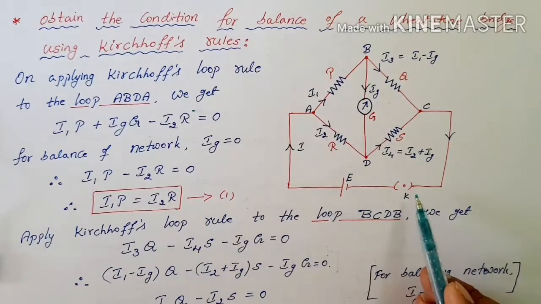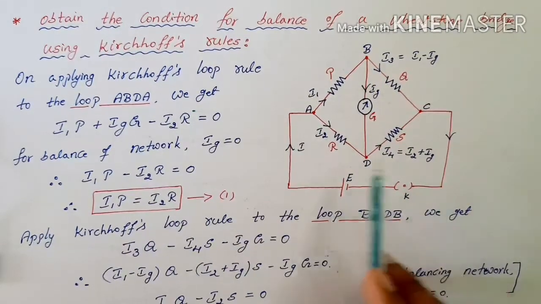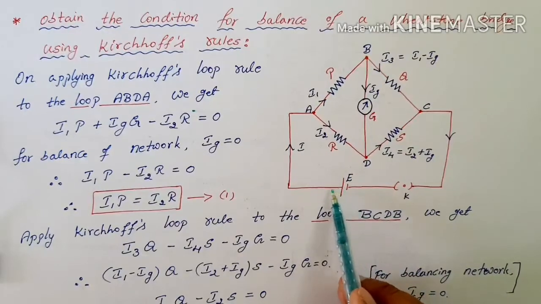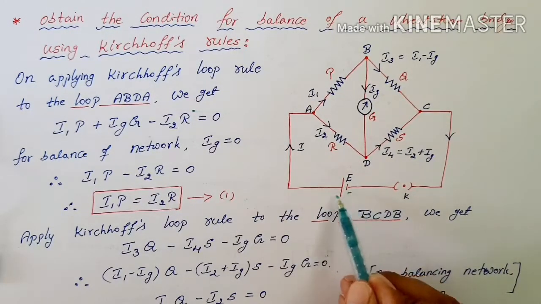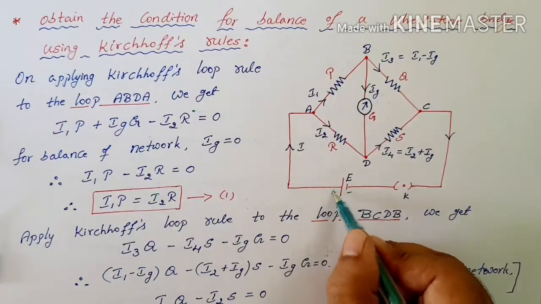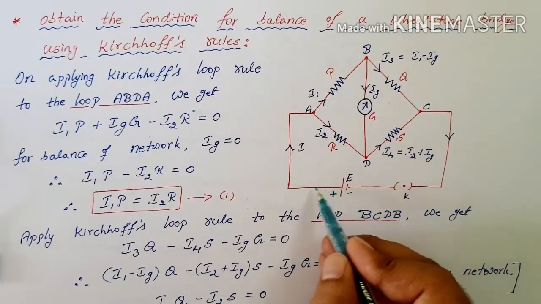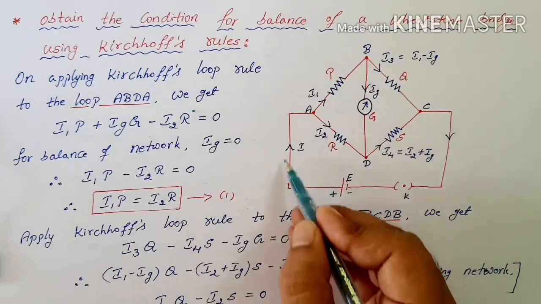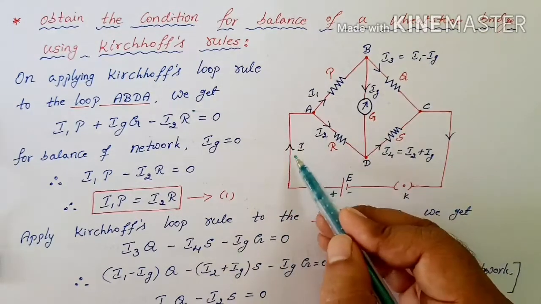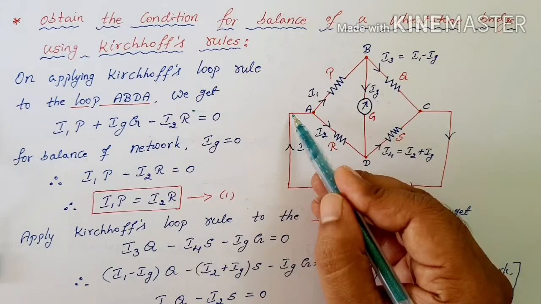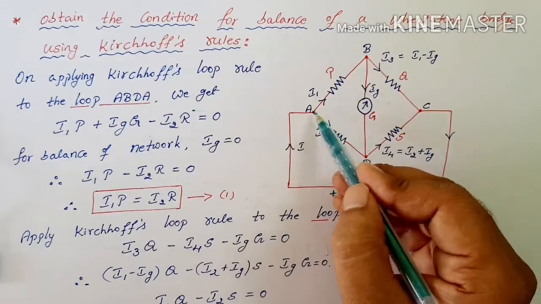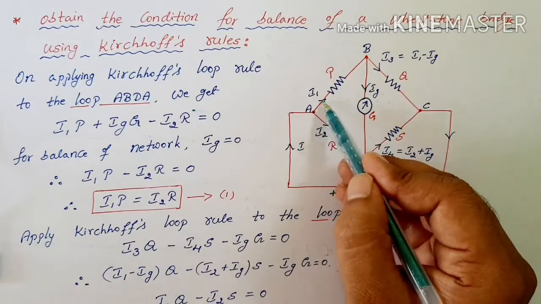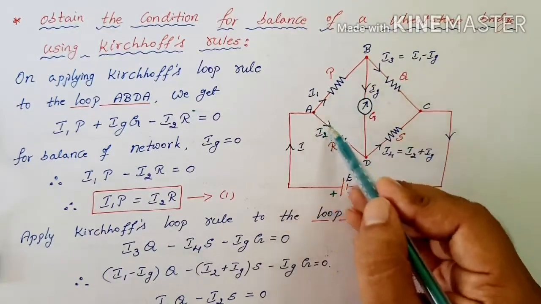Now we will explain the current direction. Observe the main current I, which goes from the cell's negative terminal to the positive terminal. It is moving here and meets the junction A. At junction A, the current branches as I1 and I2.